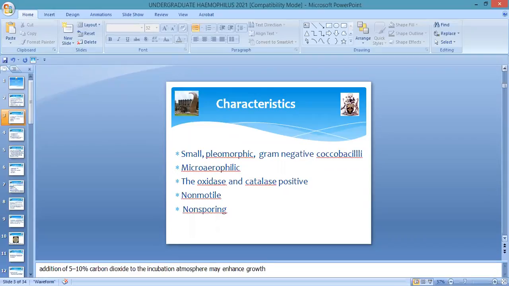They are also oxidase positive because they produce cytochrome oxidase enzyme, and some species are also catalase positive. In terms of motility and production of spores, they are non-spore formers, and they're also non-motile because they do not produce flagella.